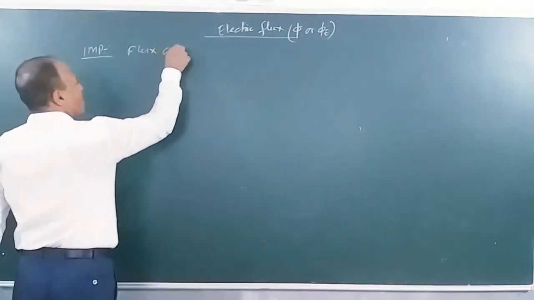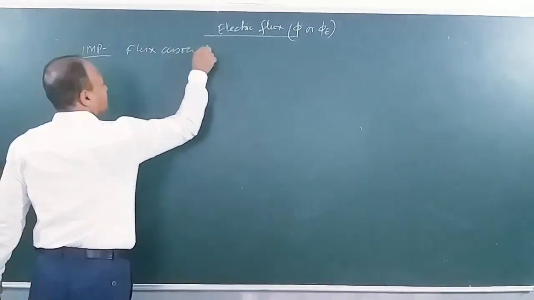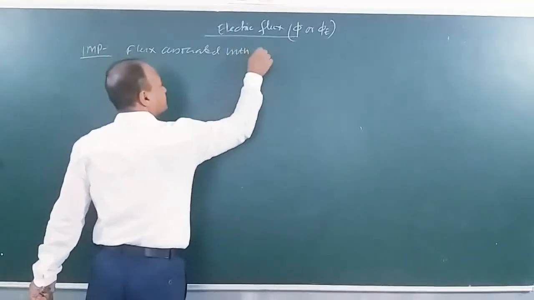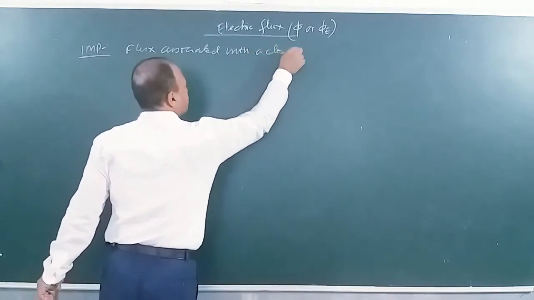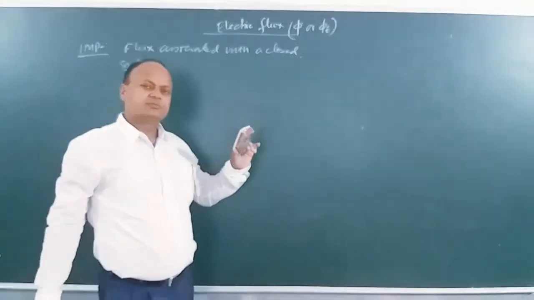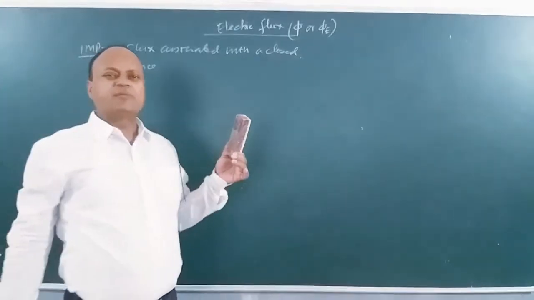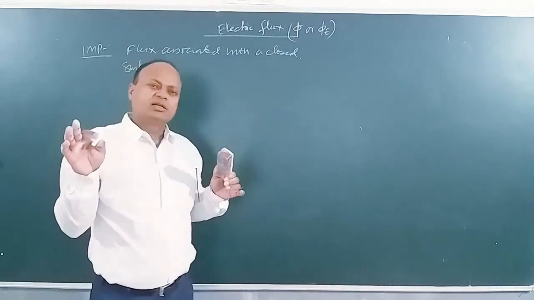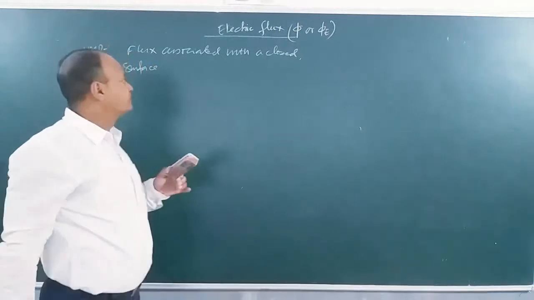Flux associated with a closed surface. Generally, a three-dimensional surface is considered as a what? Closed surface. It will not have any open surfaces included in it.